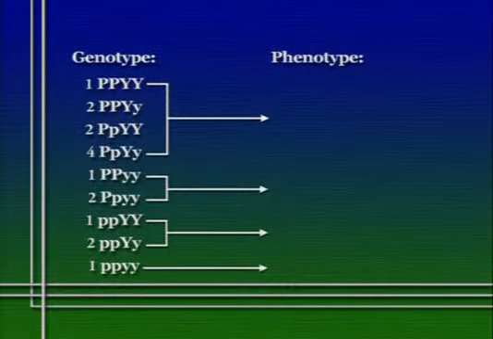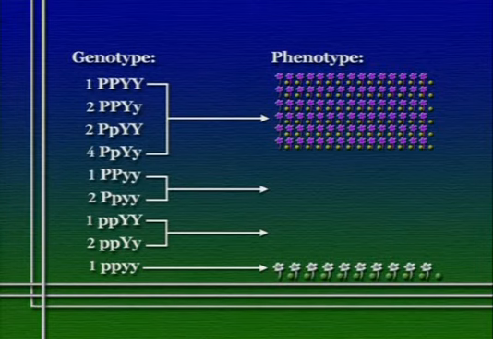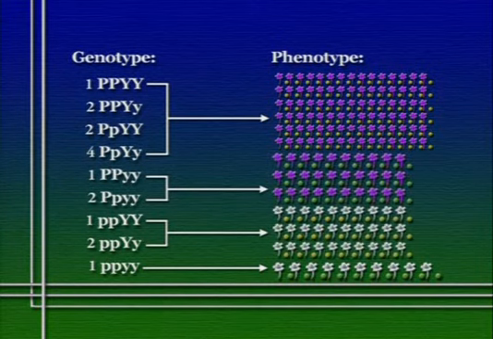So about 90 individuals would have the dominant trait for both of those characters. About 10 individuals would have the recessive trait for both of those characters, and about 30 individuals each would have the two different recombinant phenotypes.